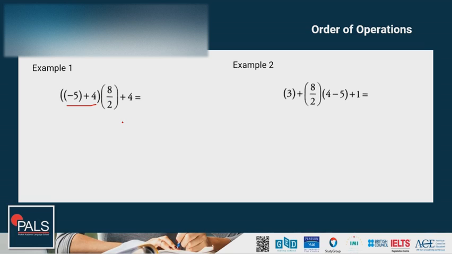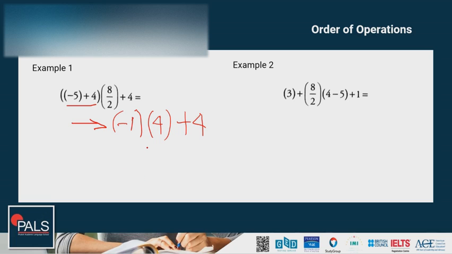Now let's solve. -5 plus 4 is equal to -1. Then let's enclose it still with parentheses. 8 divided by 2 is 4, plus 4.